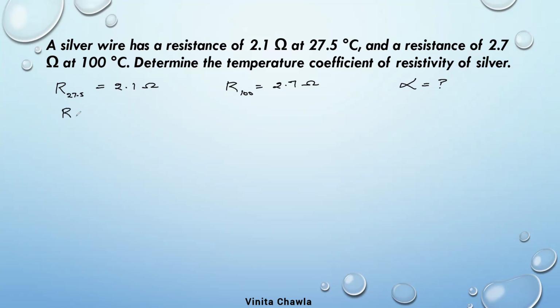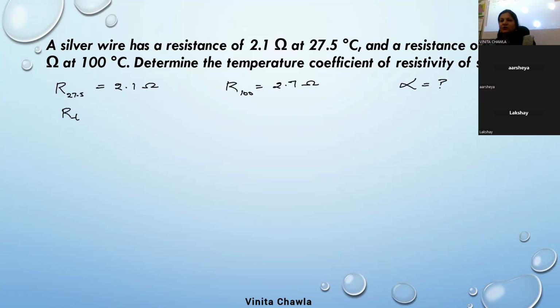You can use a relation. Yes, children who are taking class online, they can also respond. Arshia? Yes, ma'am. Tell me, which formula can you use here? Ma'am, I don't know. Sorry, please come again.